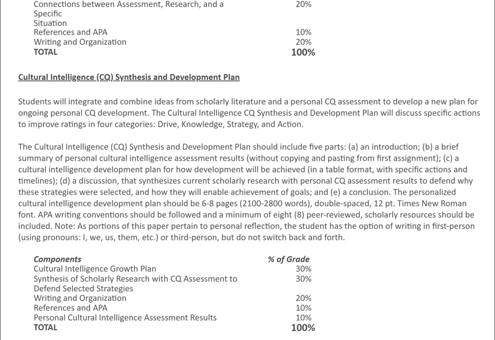If you haven't seen my video on what peer-reviewed sources are, I highly recommend it. But the bottom line is in the library database, you click the scholarly journals, and then you use Boolean terms for each of the different topics to get a better picture of it.